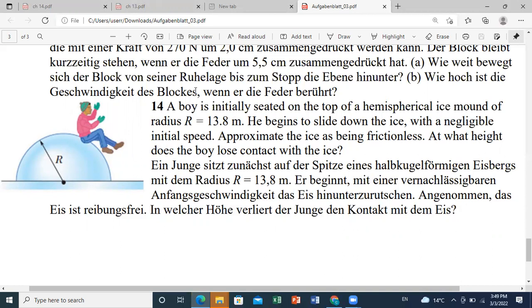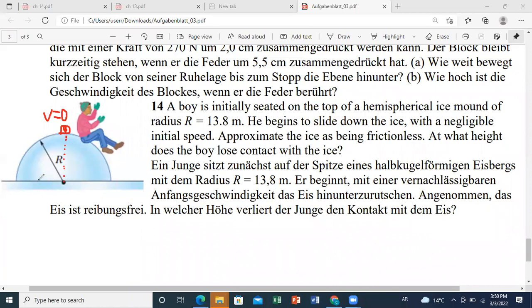Okay, so this problem is also a combination of several chapters. The boy is initially at the top of this hemisphere, so we'll treat the boy as a point. Initially, the velocity is 0.